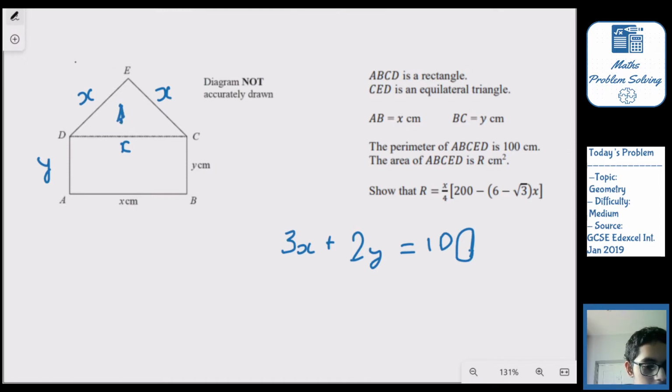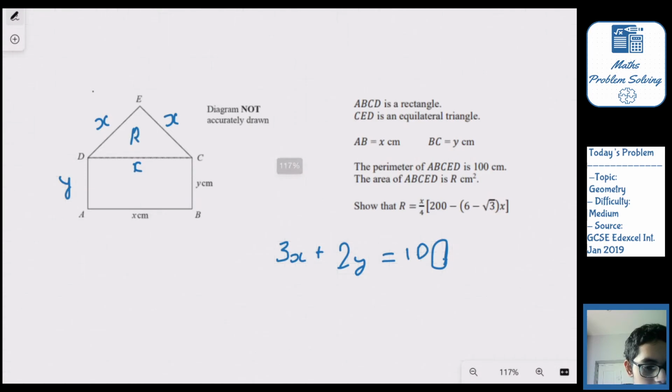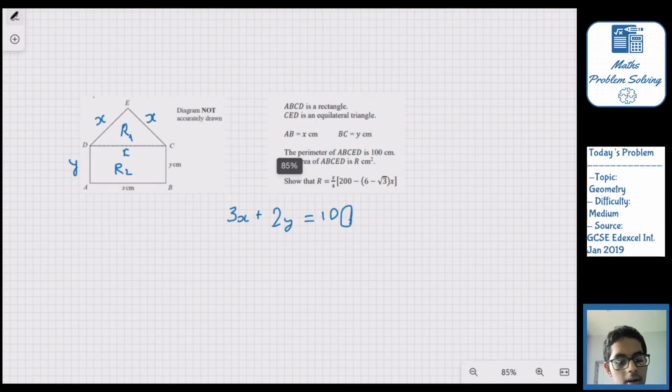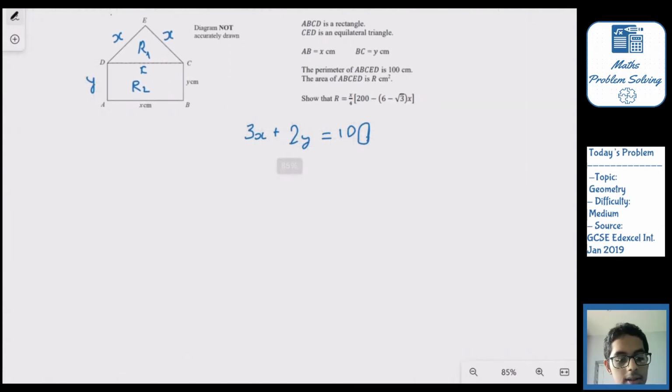Maybe I'll label the triangle ECD as R1, and I'll label the rectangle as R2. So R total equals R1 plus R2. So let's just work out what R1 is for starters.